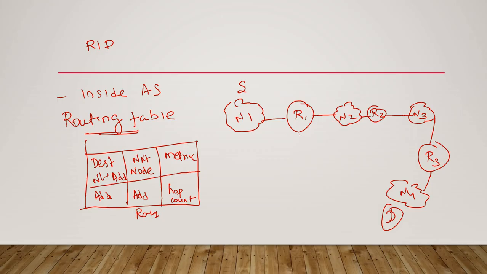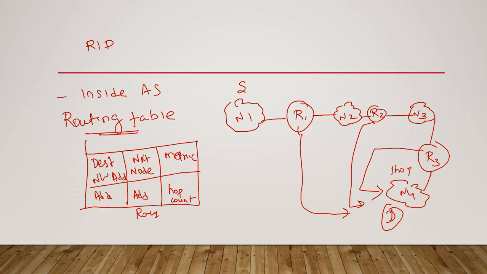Our immediate network is router 1, and from router 1 we need to jump to the next. So the hop counts are going to be calculated here, jumping from one to another to reach our destination. To reach the destination network, from router 3 to here, the hop count is 1.